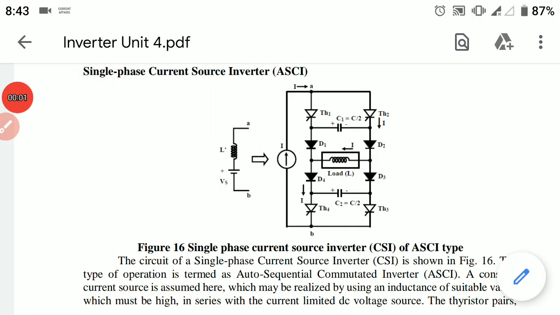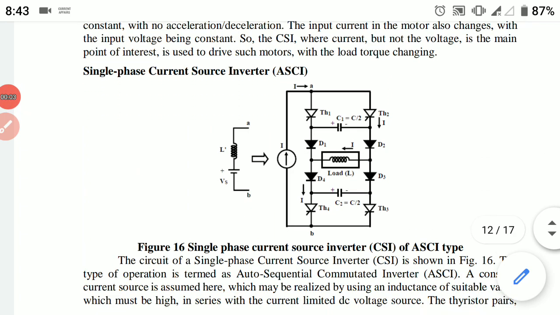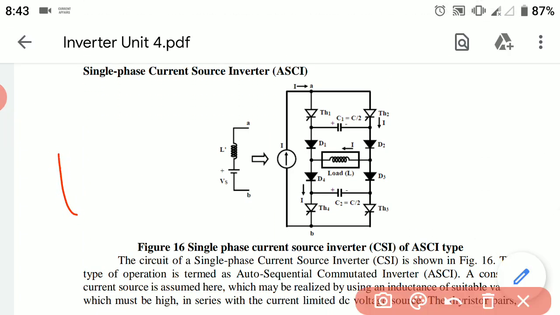As we know that for time t equal to 0 minus, thyristor TH2 and TH4 will work, and diodes D2 and D4 will be forward biased.